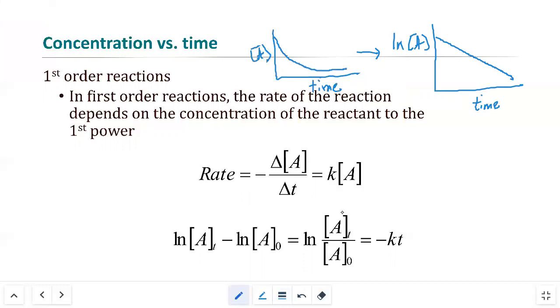I have to manipulate the concentration a little bit, but I get that linear value. And the slope of this line, just like the previous, is equal to negative k.